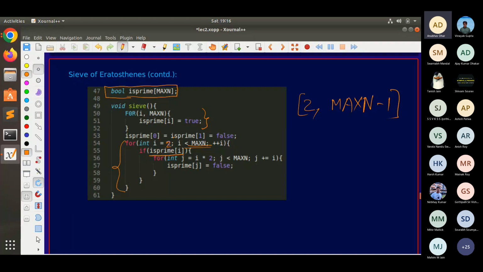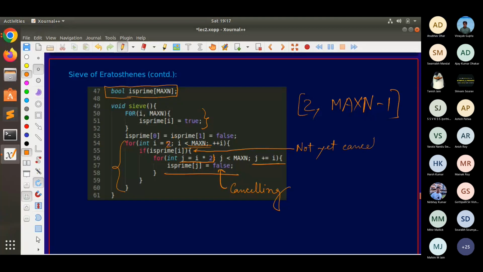So if I get that this is a prime, I just start marking from i times 2 the multiples of i, that these all are not prime. So this is the same as cancelling. And in the next step, you get the i which is not yet cancelled. So this must be a prime.